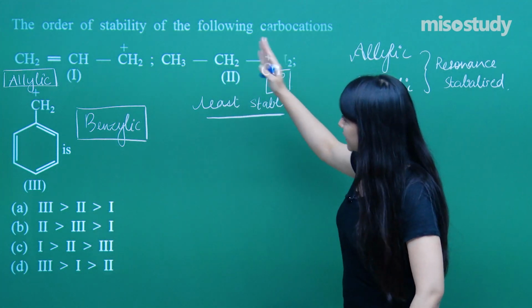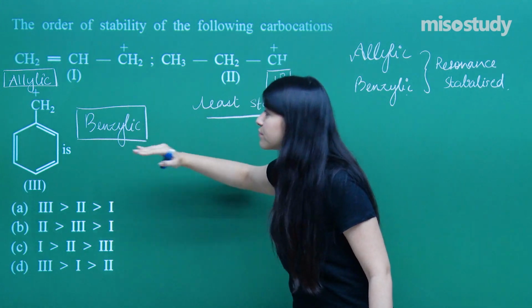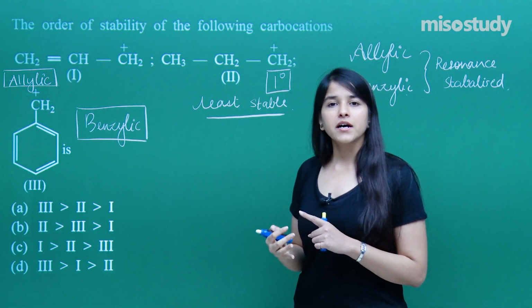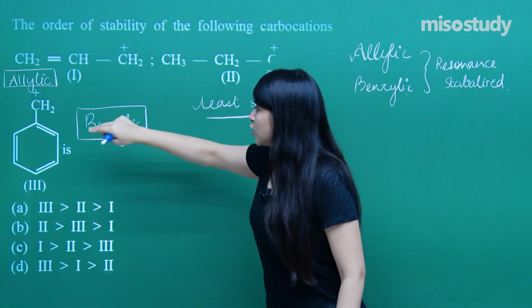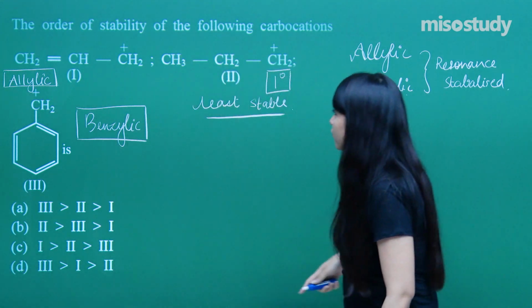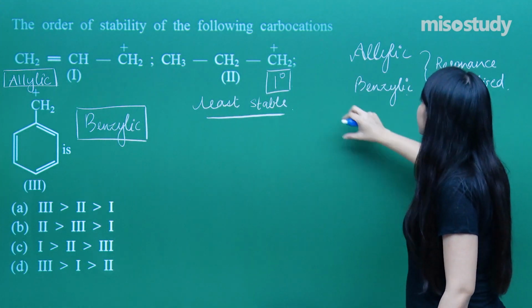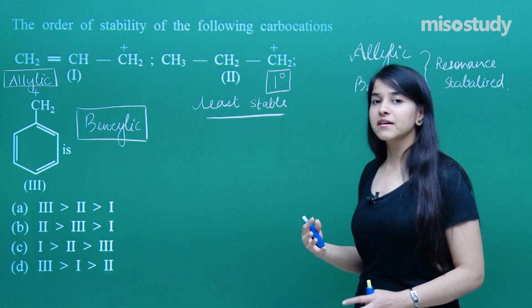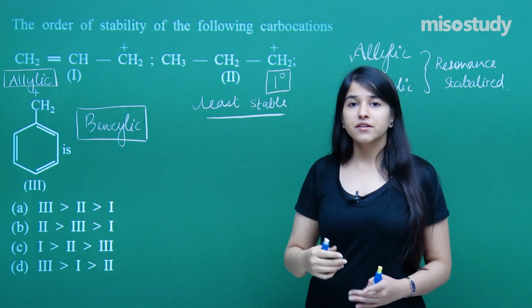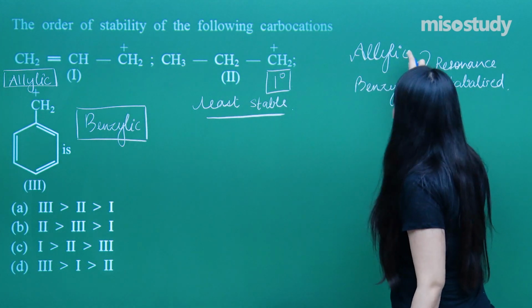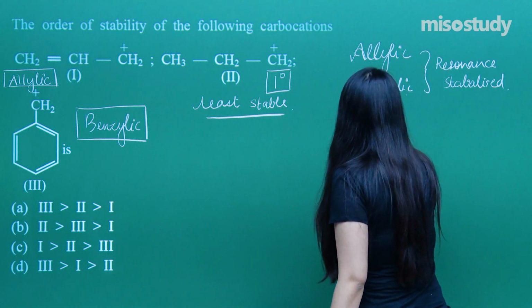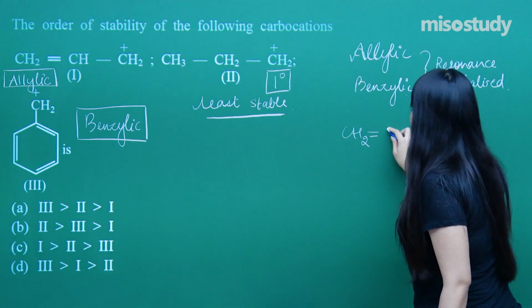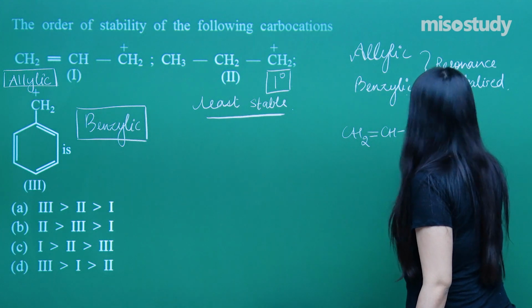But let us discuss which one of allylic and benzylic is the most stable. Benzylic is stabilized by the entire benzene ring, whereas in the allylic I have just one kind of resonance stabilization.